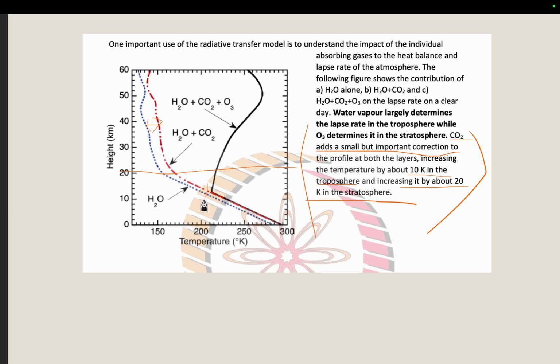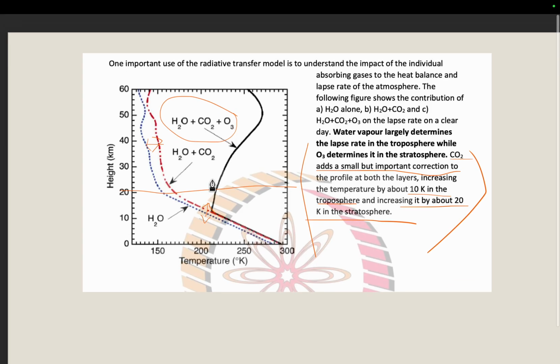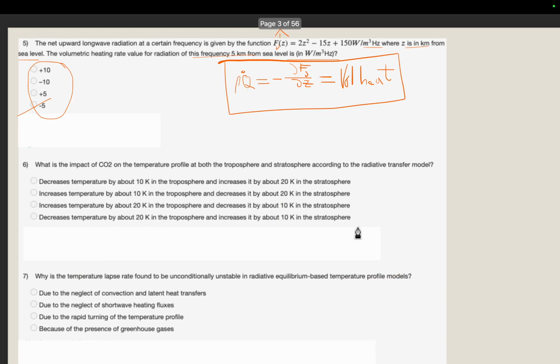So the 20 Kelvin increase has been done by the carbon dioxide here, and in the stratosphere the main shift has been done by the O3 or ozone. So for this question 6, all are incorrect.